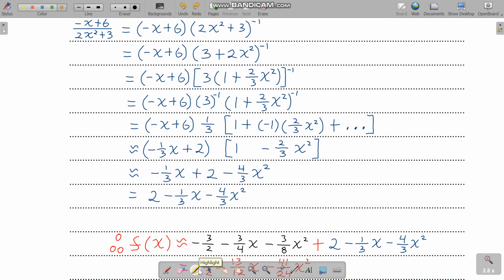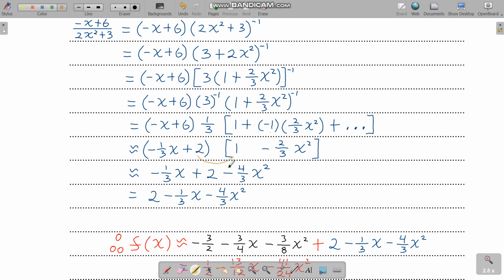So this is all we need. Now we simplify, this is minus 2/3, and then we multiply. Minus 1/3 x times 1, we get minus 1/3 x. Minus 1/3 x times 2/3 x squared will give an x cubed term, and we don't need x cubed here. So there's no need to multiply these two terms because we don't need the x cubed term. So we ignore that one.